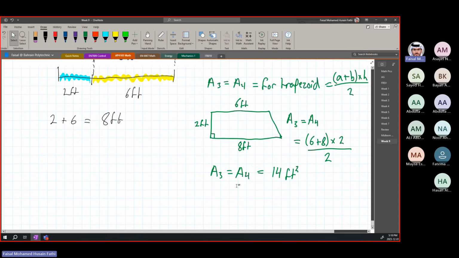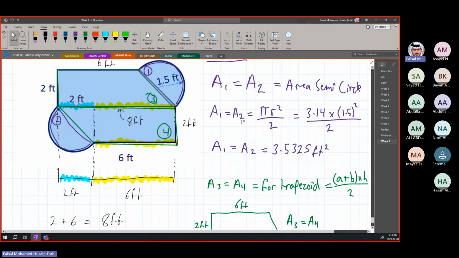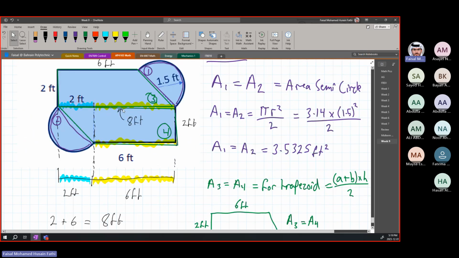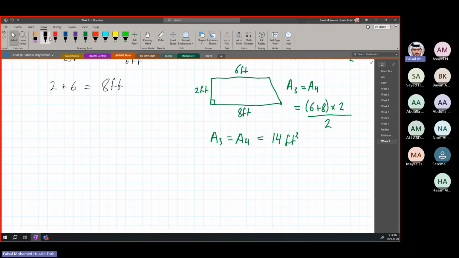Okay? Now, we found our A1s and 2s, we found our A3s and 4s. The total area, keep in mind, of this shape is 1 plus 2 plus 3 plus 4. So we have to add all of these up. So again, total area is equal to A1 plus A2 plus A3 plus A4, which is equal to, what is A1?